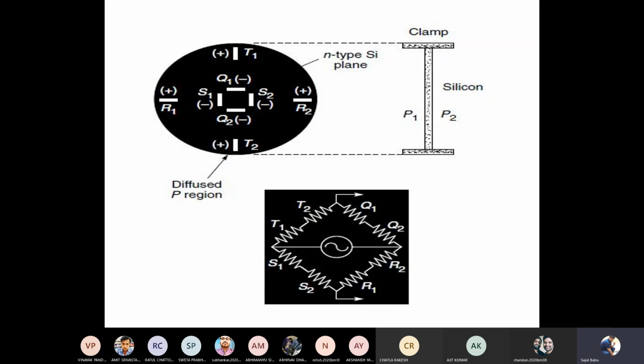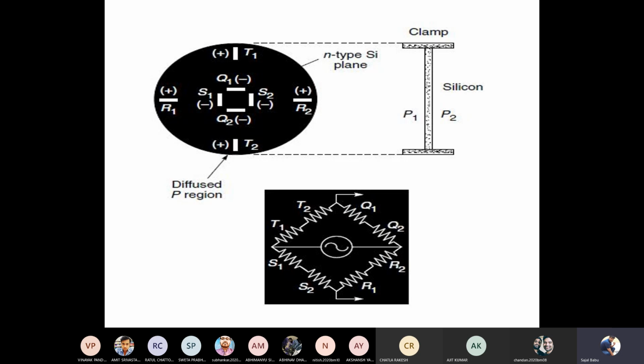Okay, so what you can see here. I think some of you may know P type and N type semiconductors. If you take a pure semiconductor, like silicon or germanium, right? And what we do is add impurities. We may add a trivalent impurity or a pentavalent impurity, right?